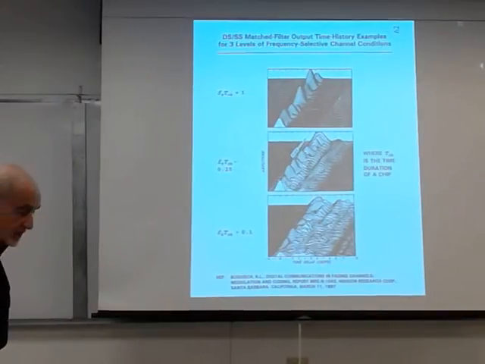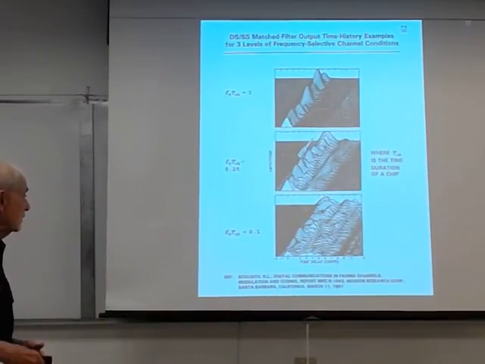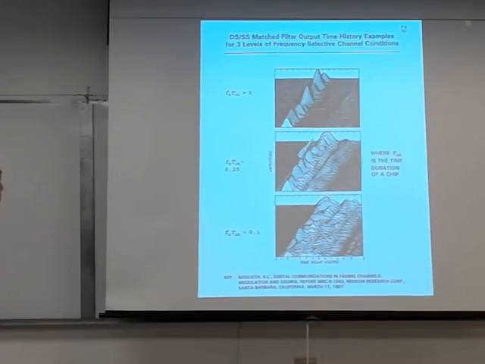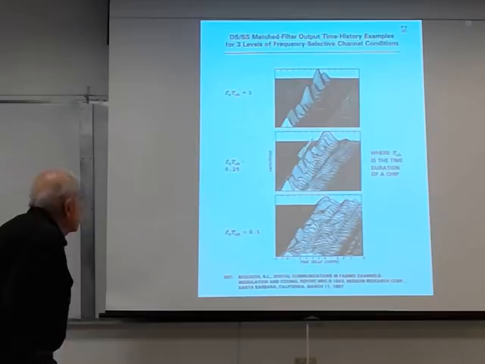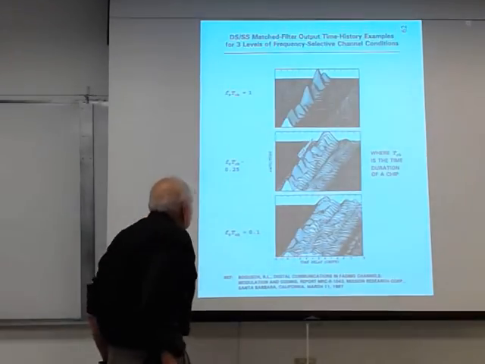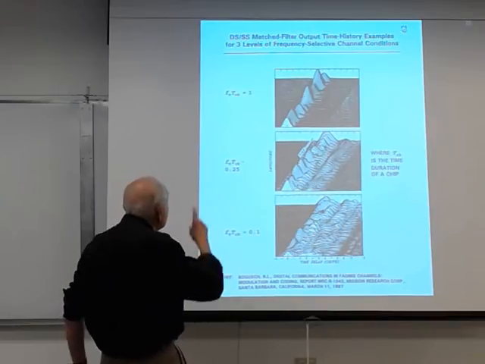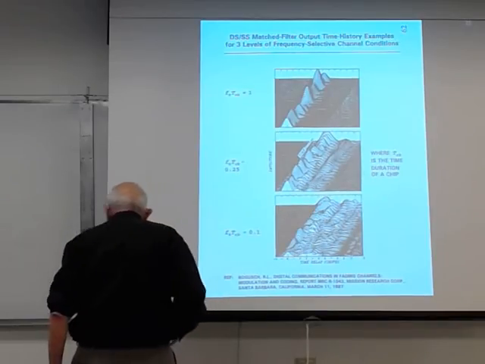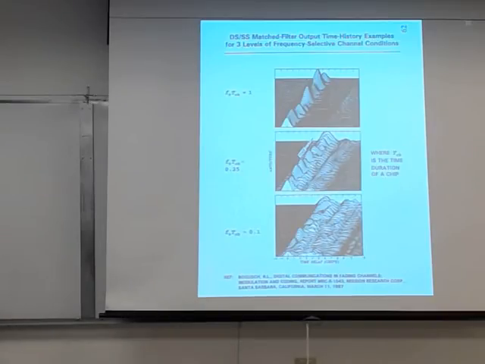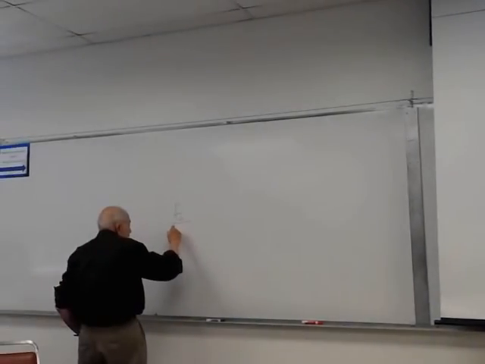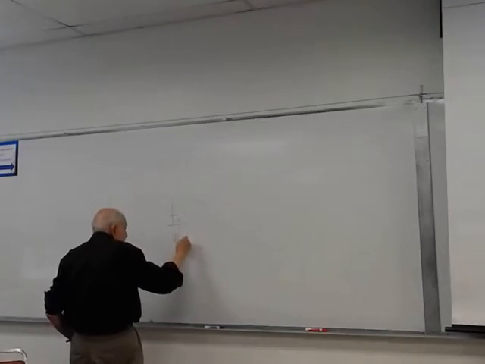Now here's an example of looking at a multipath spread with a direct sequence spread spectrum filter, where notice what we're doing is we're looking at f sub 0, which is of course the coherence bandwidth, multiplied by the time of the chip. And remember, the time of the chip is the reciprocal of the spread spectrum bandwidth. So you can also write this as f sub 0 divided by the chipping rate or the spread spectrum bandwidth.